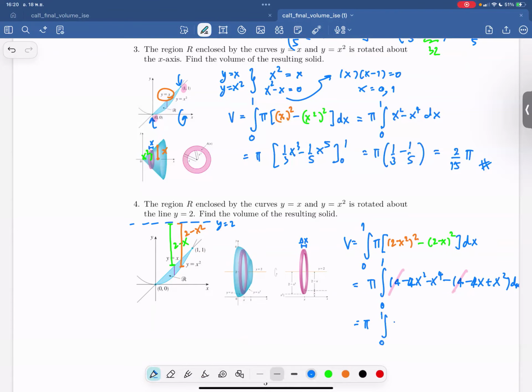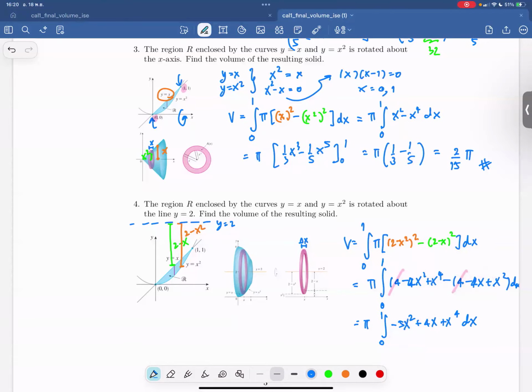And the remaining is just minus 5x squared plus 4x, right? Minus x to the power 4, dx. Sorry, this one should be plus.